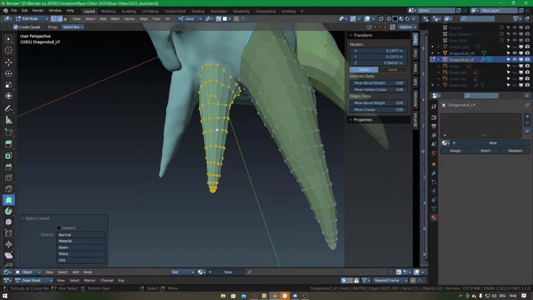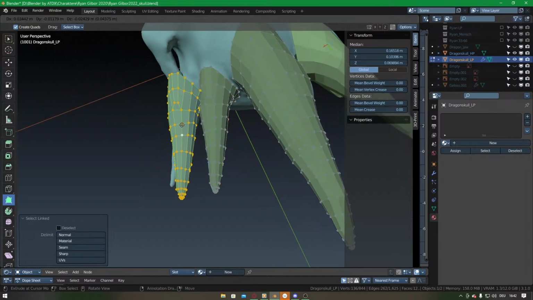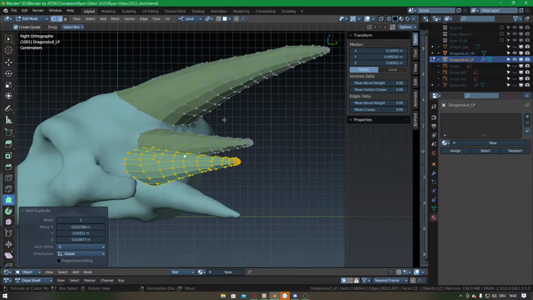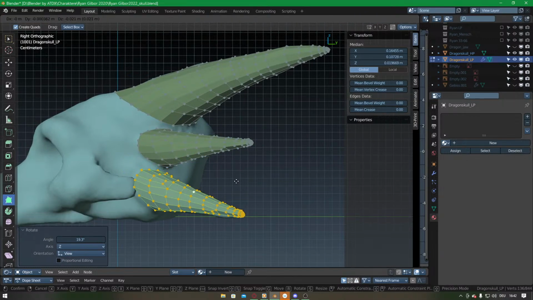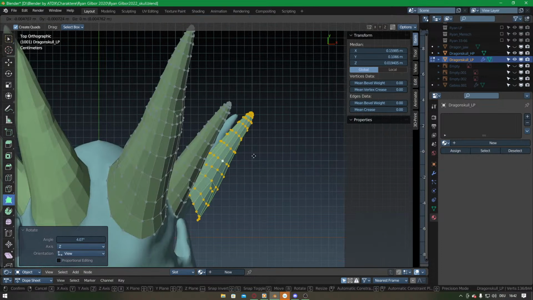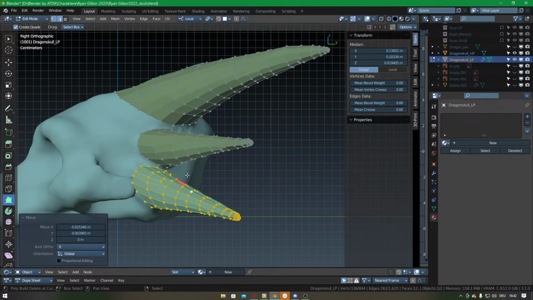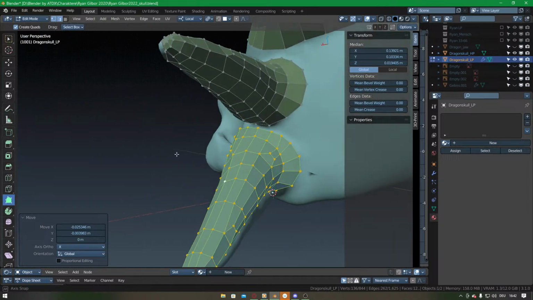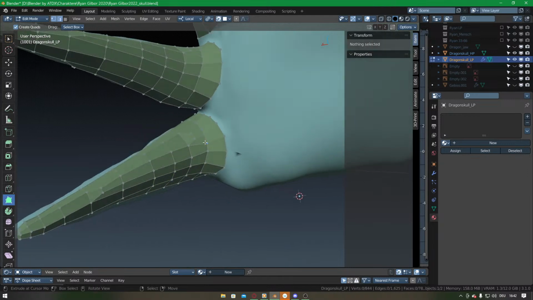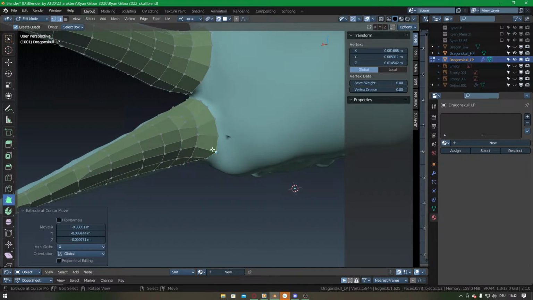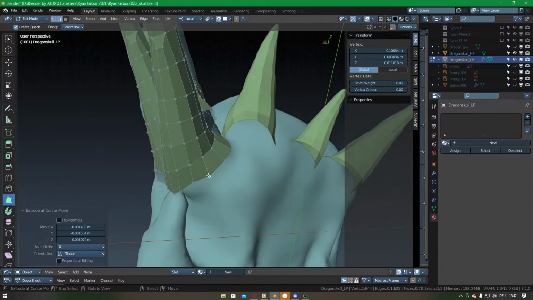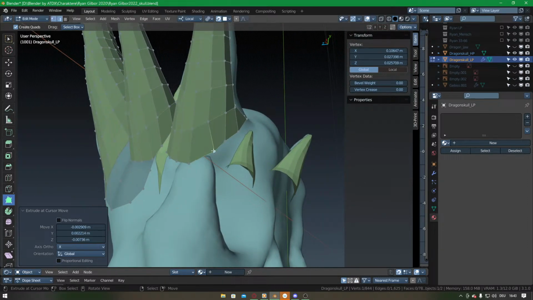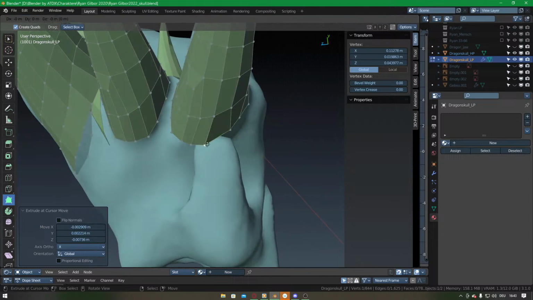Now duplicate that, turn off this. Now I have to be careful because this is connecting to here.